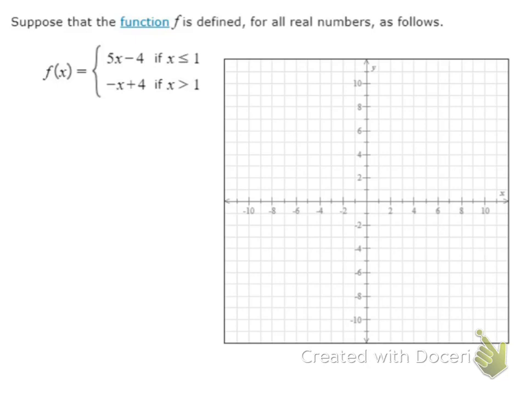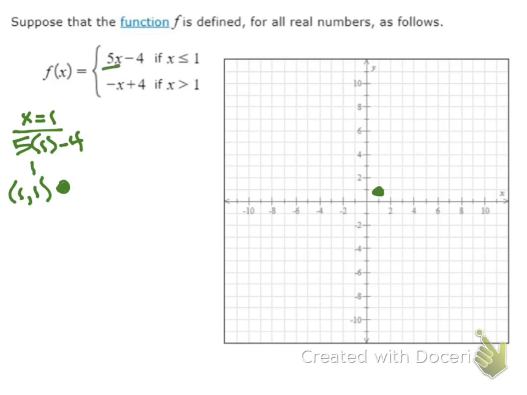Doing the same thing, my boundary is at 1. So looking at the first equation, if x equals 1, I have 5 times 1 minus 4, which is 5 minus 4, so 1, giving me the ordered pair 1, 1. Notice that's less than or equal to, so I'm going to have a closed circle at the ordered pair 1, 1.